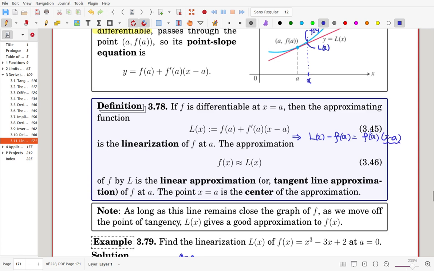Now that is basically dx, and that portion is dy. So once we choose dx as the change in x, delta x, then dy is the change in linearization. That's exactly the change in linearization. So it is quite closely related to linearization.